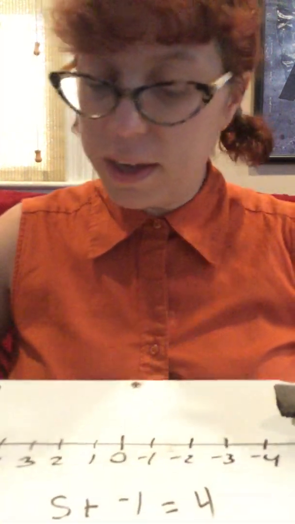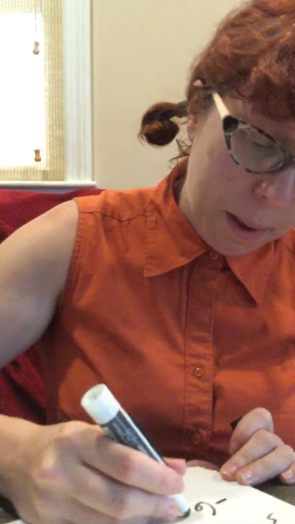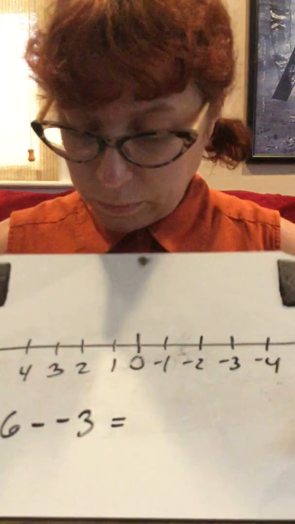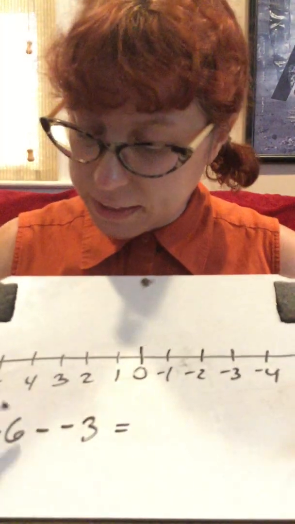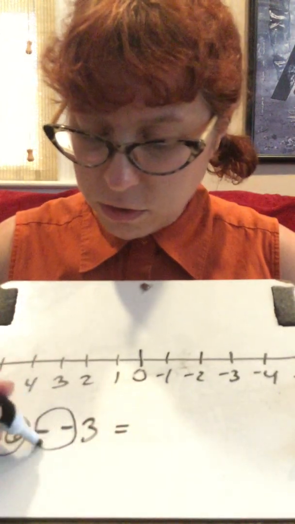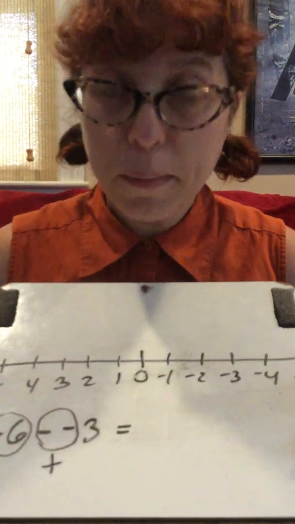Now, what happens if we get, which hopefully would never happen, -6 minus -3 equals. Okay? So, the thing about this is you're going to look at this sign separately, and then you're going to put these two together. What happens when you get a negative and a negative? It becomes a positive.